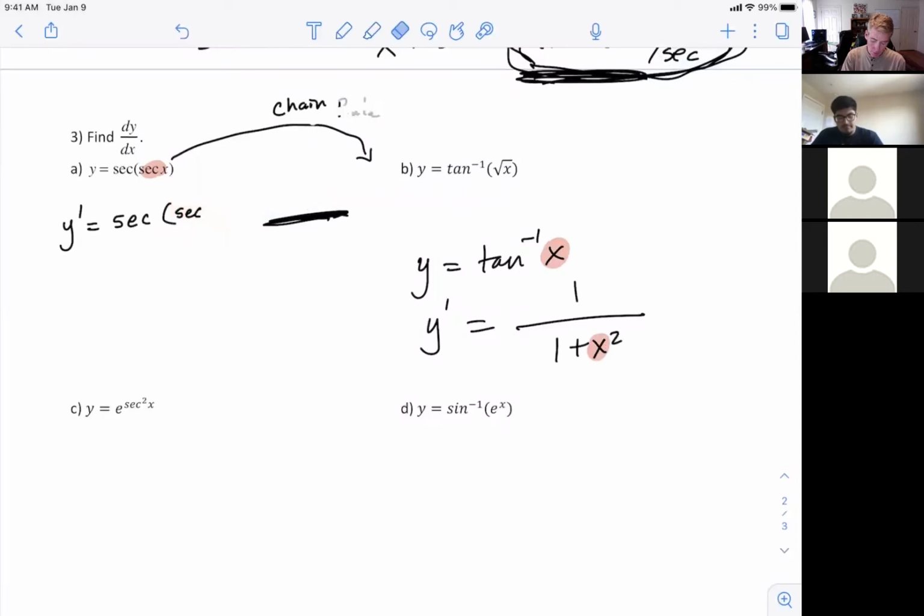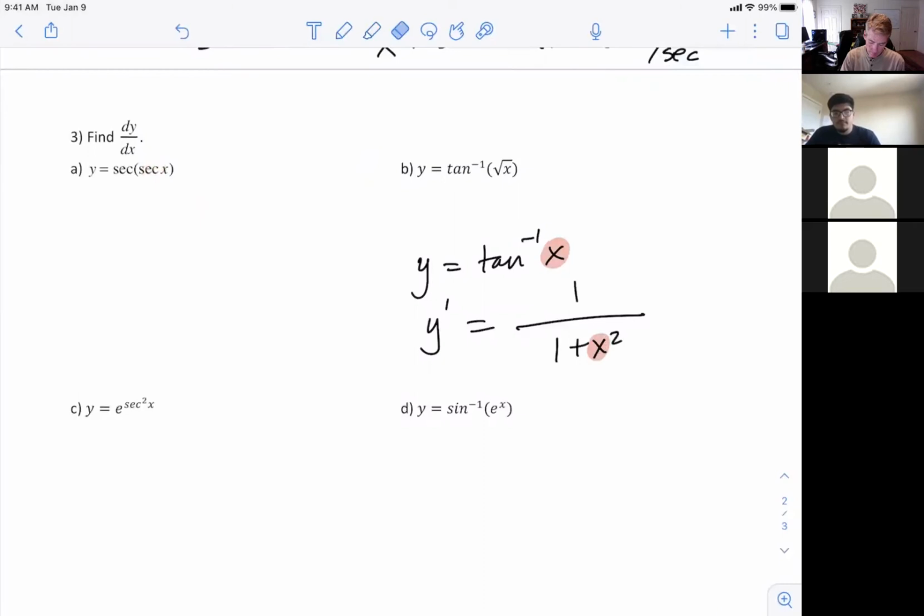So when we go to do part B, when I take the derivative of tangent inverse, that's going to be 1 over 1 plus, and then whatever the argument is, or whatever's in the parentheses, that has to be squared.